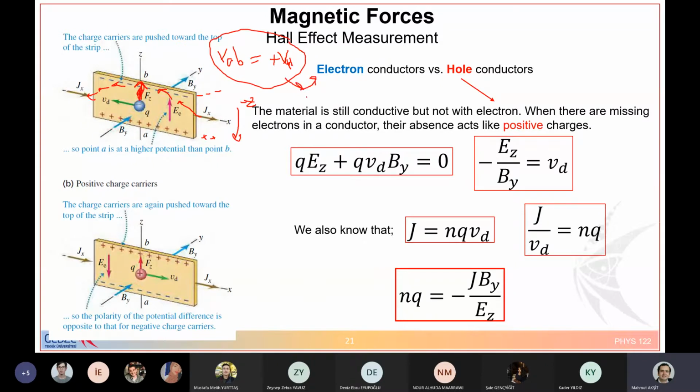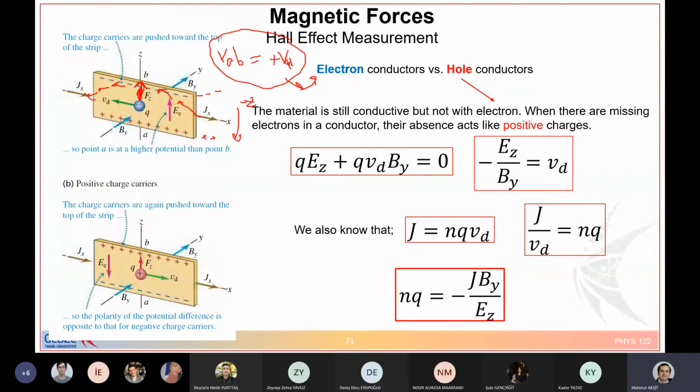And for a positive charge particle, you push the current in the same manner, in the same direction, positive X direction. The magnetic field is in the same direction as in the previous example. So basically, you apply the same conditions externally.